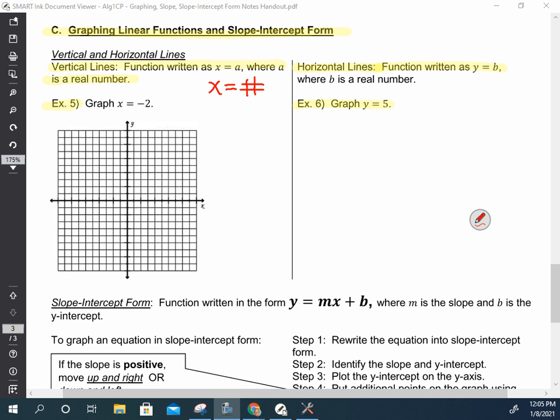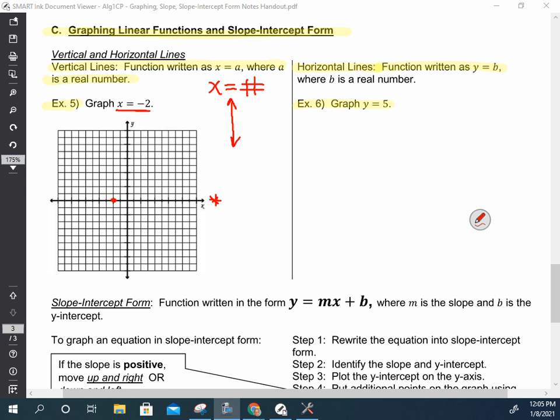And vertical lines are lines that go up and down. So, for example, x equals -2. Go to the x-axis. Go to where -2 would be located. Put a dot on that line.